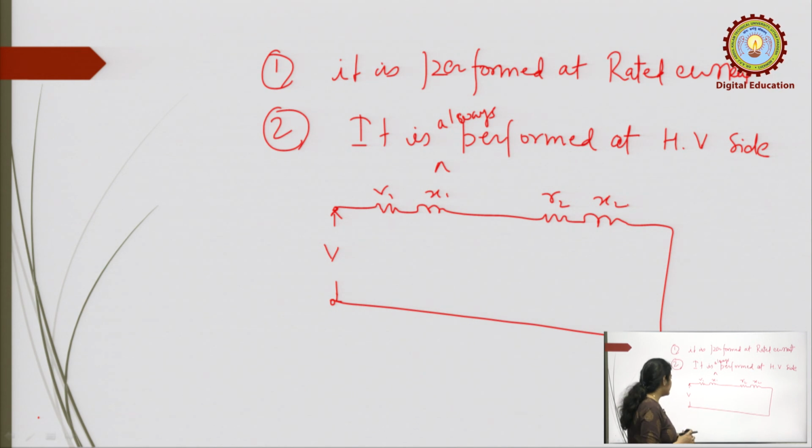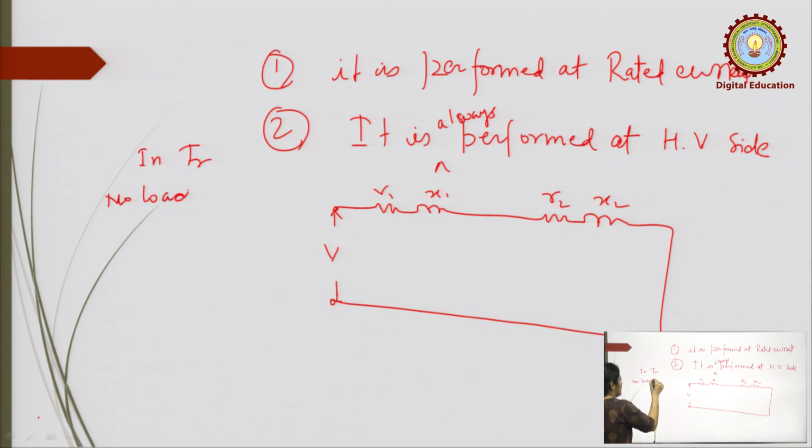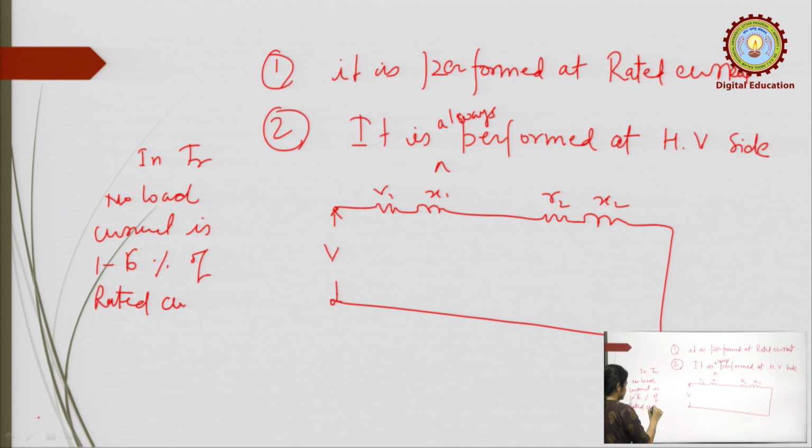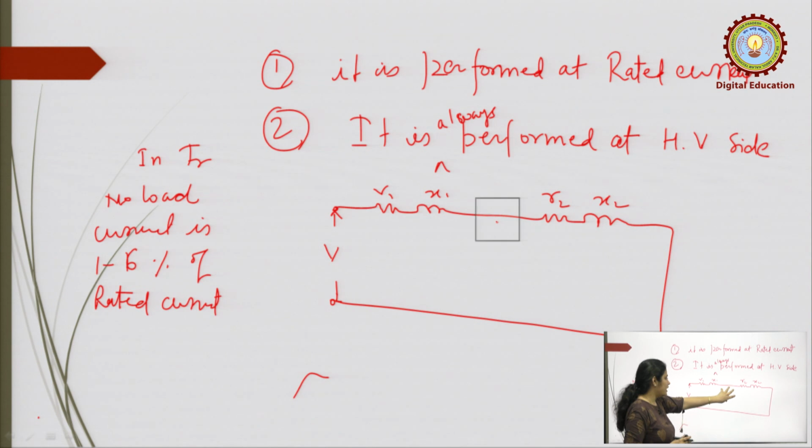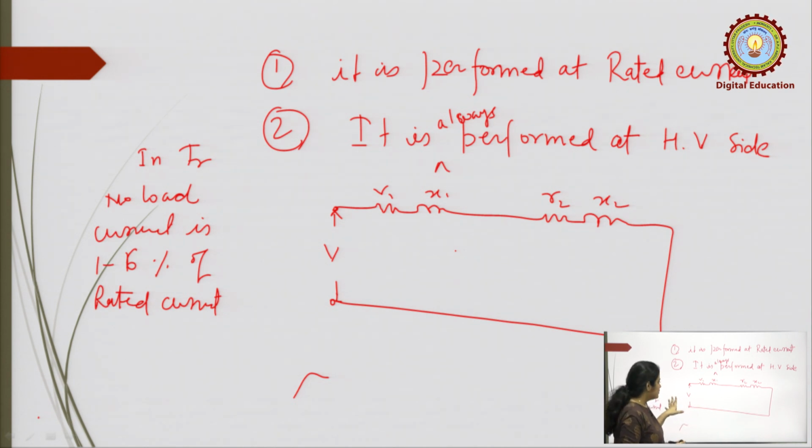So, the no load current in a transformer is 1 to 6% of the rated current. That is very small. So, you can neglect this no load branch in comparison to the rated current, because the short circuit test is performed at a rated current. So, we can neglect this Rc and Xm branch.